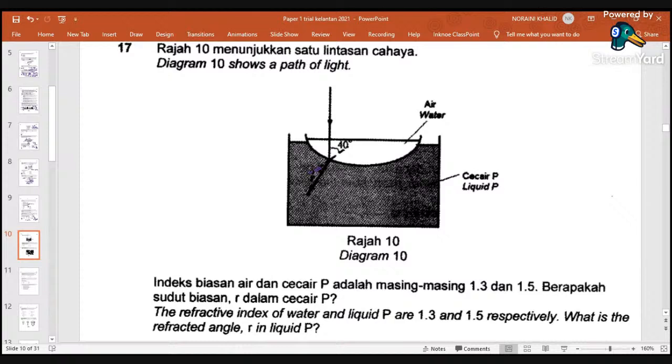So we have water and liquid. So Snell's law, n1 sine theta 1 equals n2 sine theta 2.